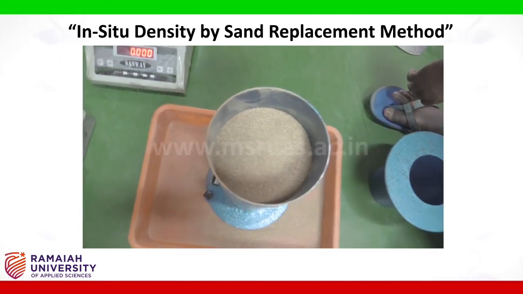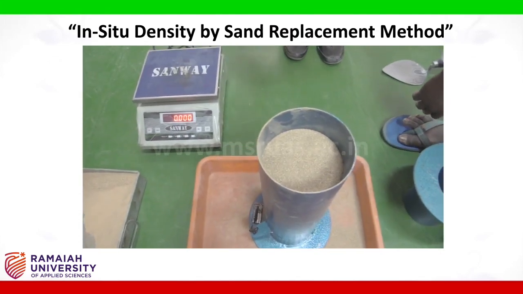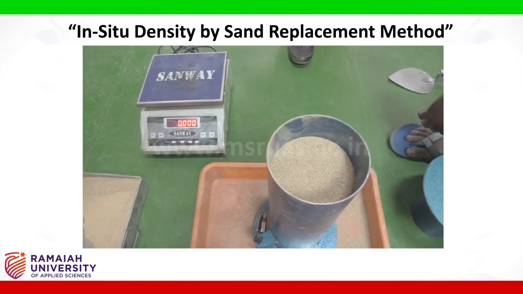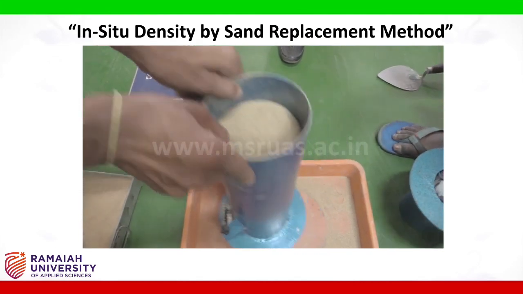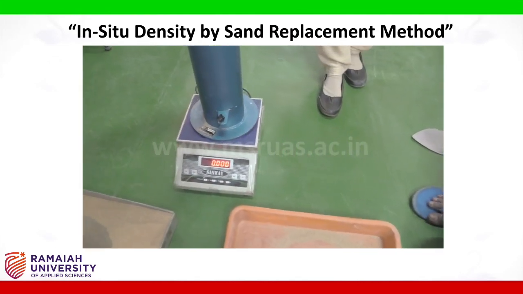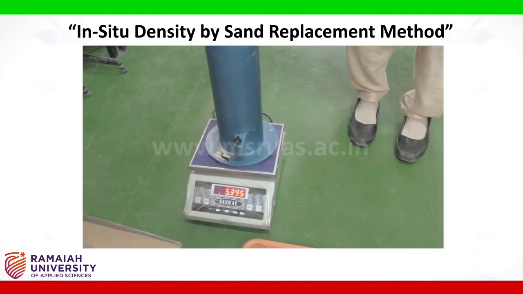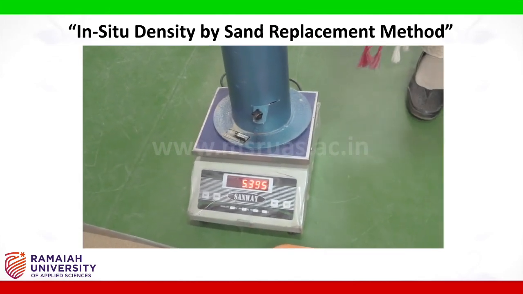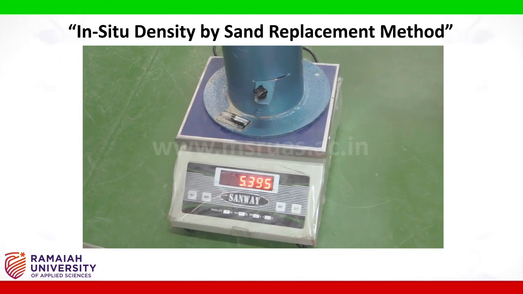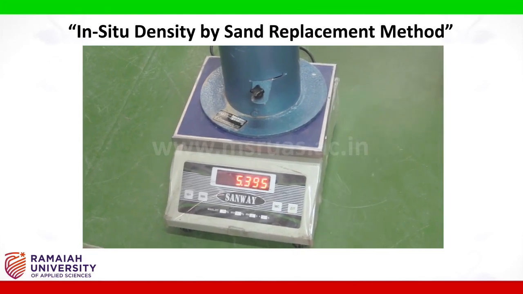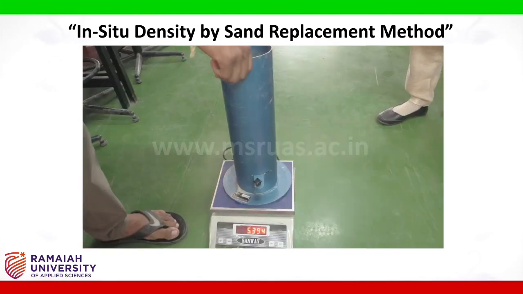Now weigh the sand pouring cylinder along with the sand. 5.395 kilogram is the weight of the sand pouring cylinder along with the sand in the cylinder.